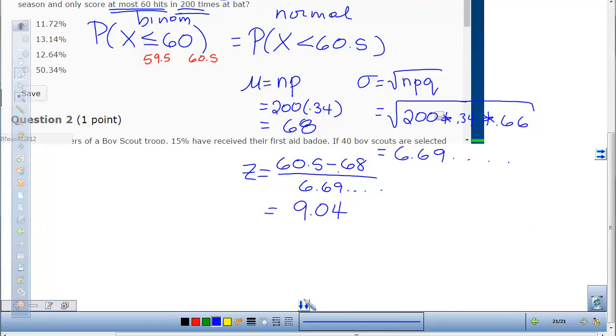And so we're looking at the probability that z is less than negative 9.04.